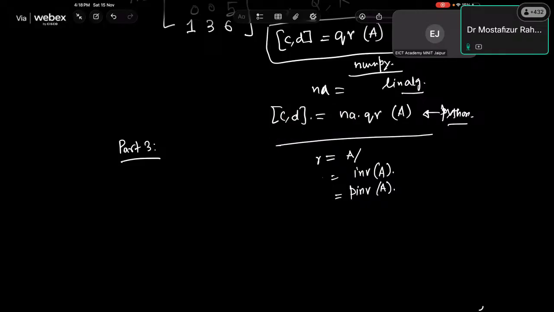So X equals this, right? This is the command for pseudo inverse computation in MATLAB.